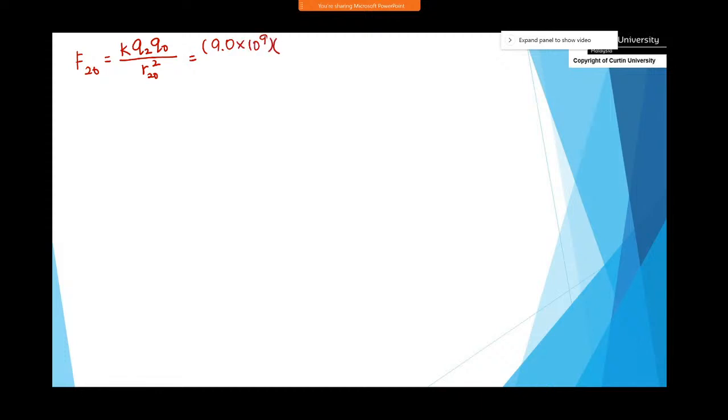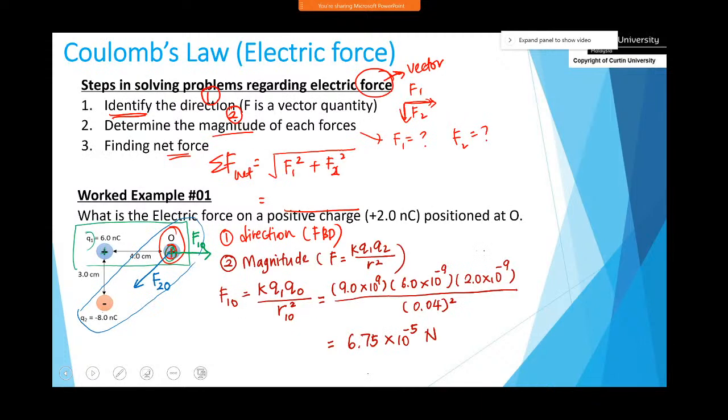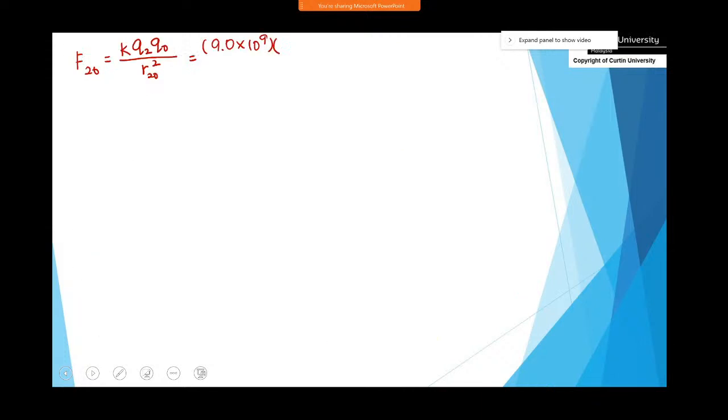Q2 is negative 8. Remember, in a vector question, we do not plug in the positive or negative sign. So just put 8 times 10 to the power of negative 9.